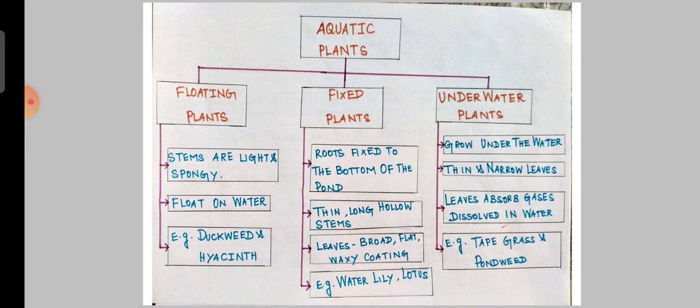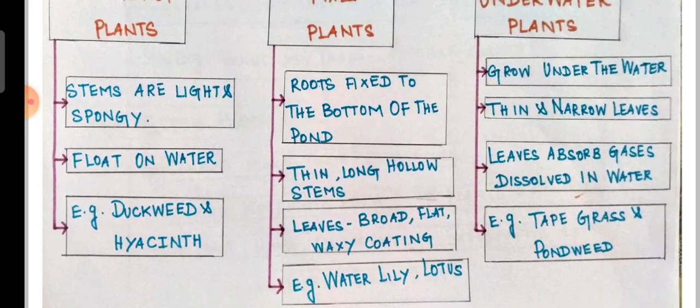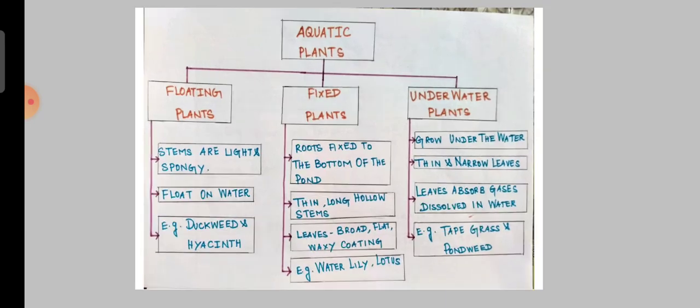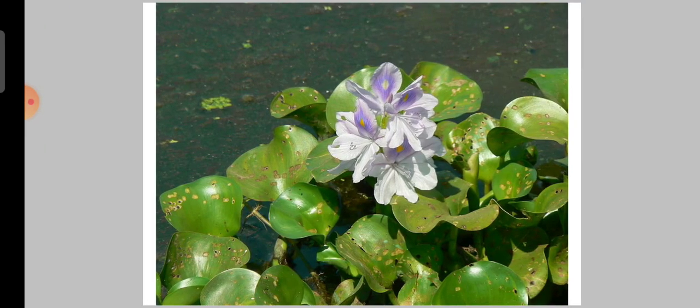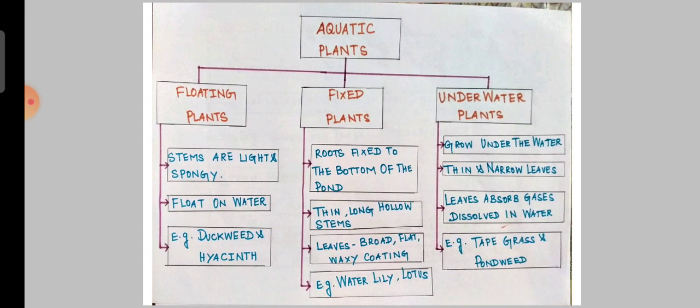These are divided into three categories: floating plants, fixed plants and underwater plants. Floating plants: stems are light and spongy which help them float in water. Examples: duckweed and water hyacinth. See, this is an image of water hyacinth.